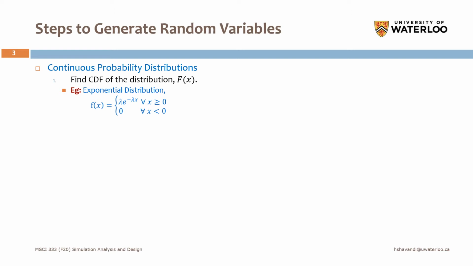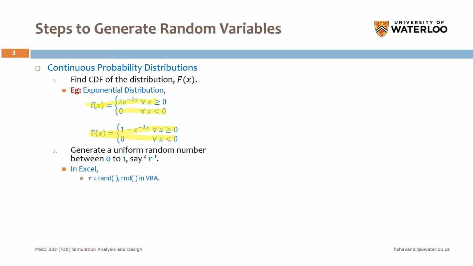As you know, the PDF, the probability density function, little fx, for exponential is this. Now, the CDF of the exponential distribution would be this: large Fx equals 1 minus e to the power of minus lambda x, and x is always greater than or equal to 0. So this is the CDF of the exponential distribution.